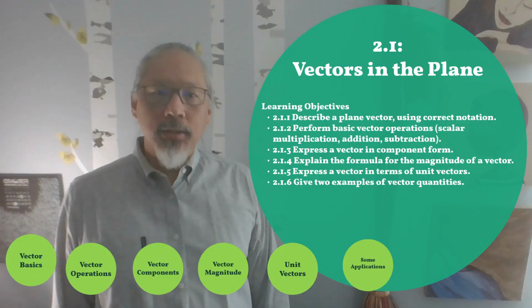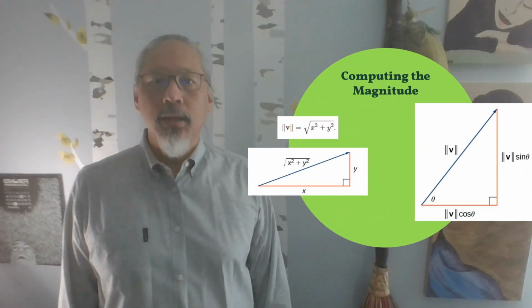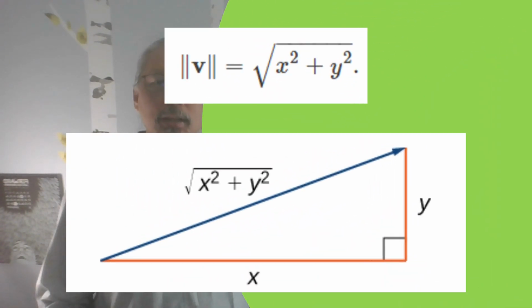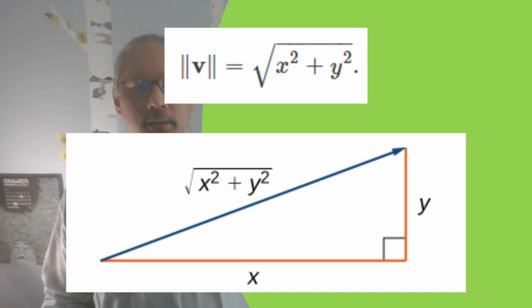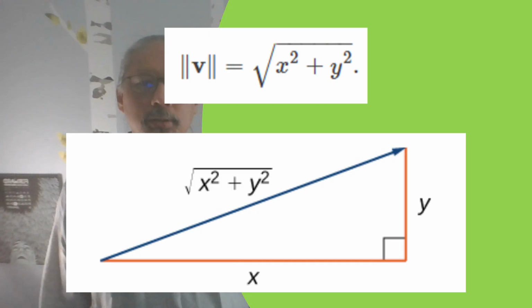After components, we're going to take a look at another important operation for vectors, and that is the magnitude. The magnitude is essentially the length of the vector. So if we take a look at the x going in the x direction and the y going in the y direction, the magnitude of that vector is essentially the distance, or you can use the Pythagorean theorem or whatever else might be useful.